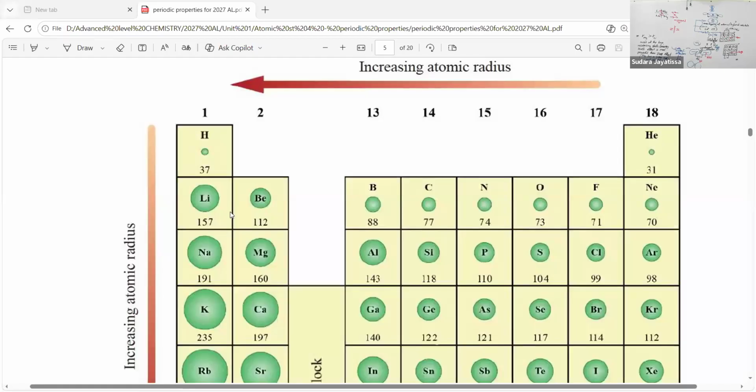Now, shall we go together? You have to omit hydrogen and helium. Then start from lithium, beryllium, sodium, magnesium. That square is okay. Then beryllium, boron, magnesium, aluminium. That is also okay. Then boron, carbon, aluminium, silicon.